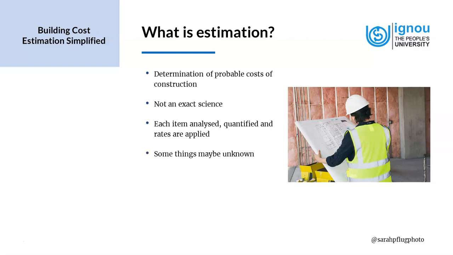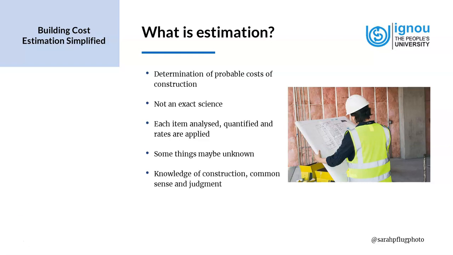So when we are estimating, it's not that we have all the things known to us. Some of the things may be unknown to us. Under these circumstances, it is very important for the experience of the estimator to come to the forefront. So it is not always about the actual facts. Sometimes experience and some judgment are required from the part of the estimator.